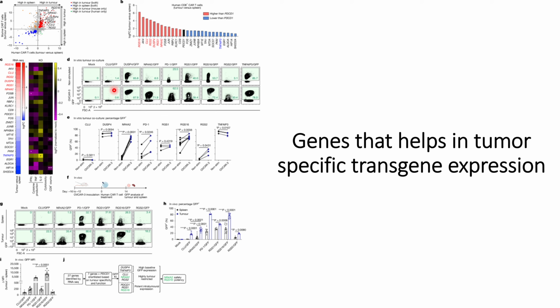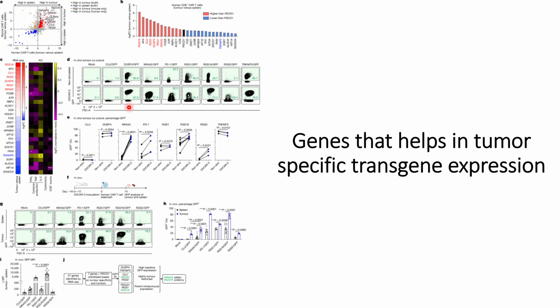What they saw is that around 4 of them were able to express GFP signals, and those 4 are NR4A2, RGS1, RGS16, and the PD1 (PDCD1) control.